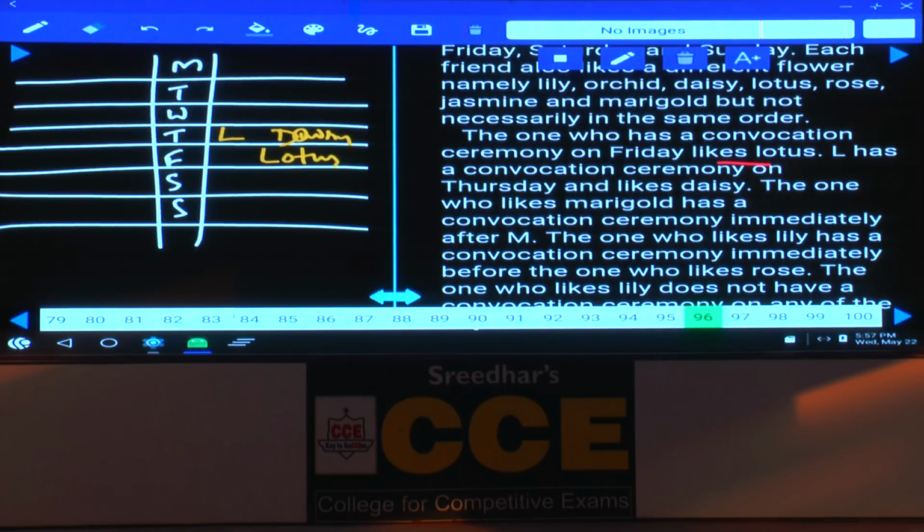And next one: the one who likes Marigold has a convocation ceremony immediately after M. Immediately after M, and what is that one? Marigold. These two must be adjacent to each other. And next one: the one who likes Lily has a convocation ceremony immediately before the one who likes Rose. Lily and Rose must be adjacent.